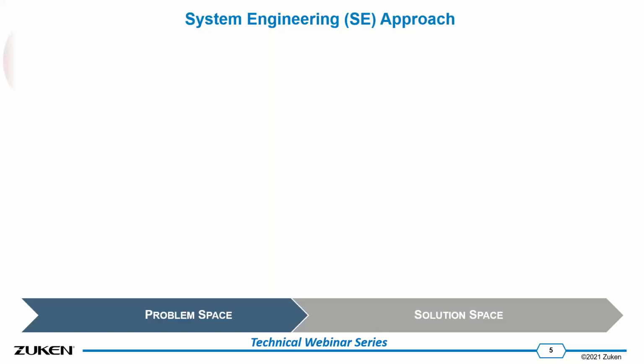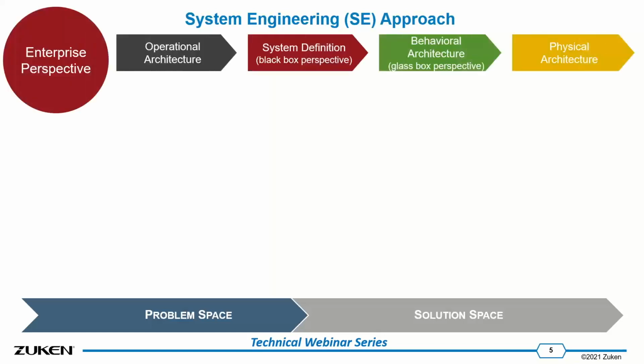We can expand upon this and look at it from a slightly different perspective. There's the enterprise perspective, your business perspective. There's the operational architecture perspective, which is how does it work within its environment. There is the definition of the system, the black box perspective. The behavioral architecture, also called a glass box or white box perspective.